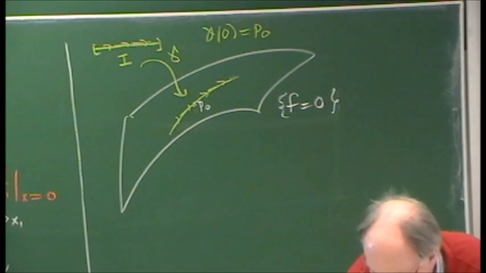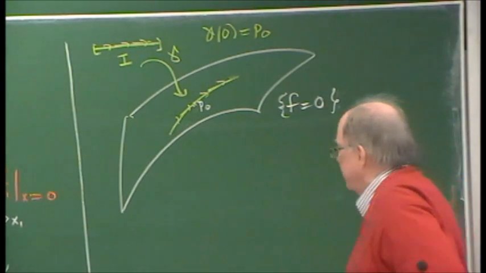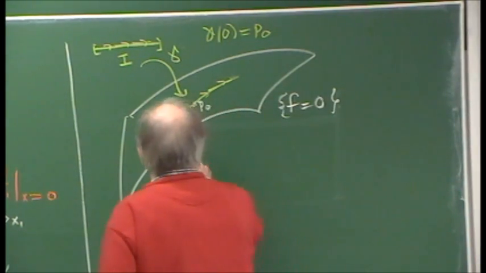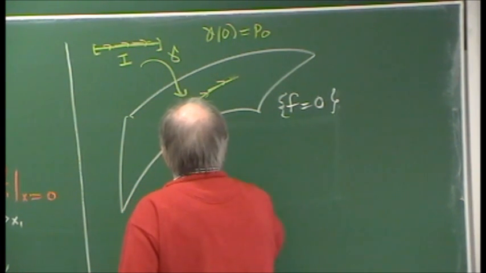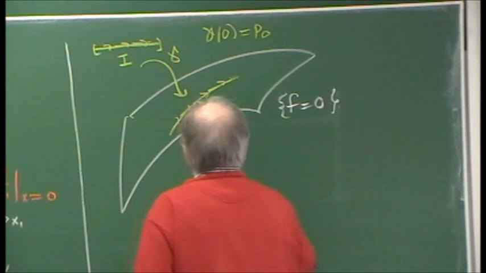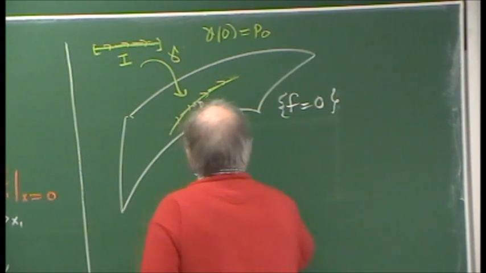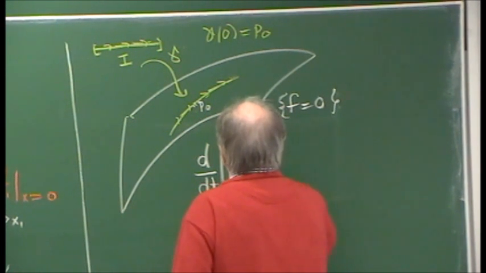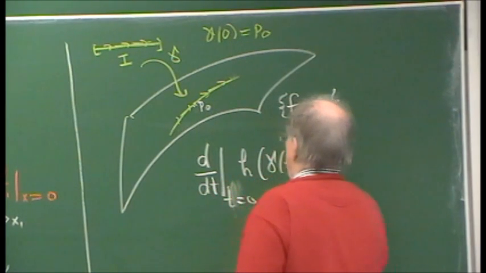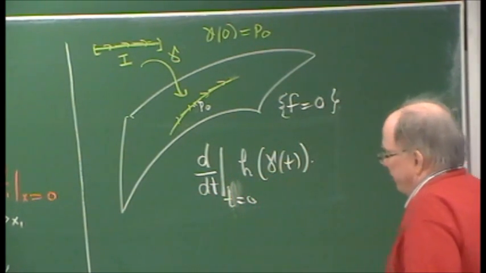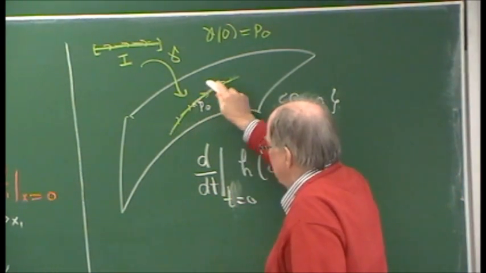As you know, curves define tangent vectors, so the tangent vector associated with this curve is computed in the following way. You just take a function, say some function h that you want to differentiate, and you just differentiate it along the curve. So that defines the tangent vector at this point.